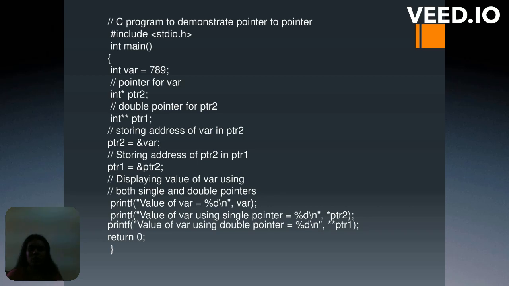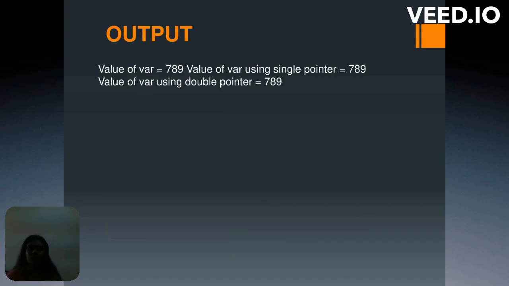So that memory address, ptr1 is equal to and ptr2, which means that the second pointer is holding the memory address of the first pointer. So the output is going to be the value of the variable, which is 789 as we saw in the program, and the value of the variable using a single pointer is 789, and the value using a double pointer is also 789.